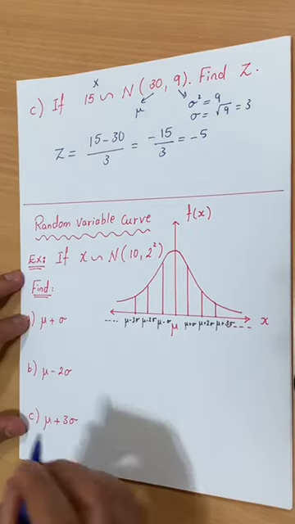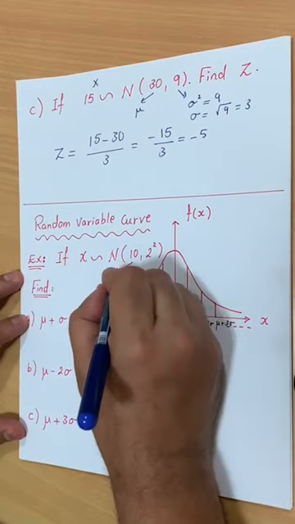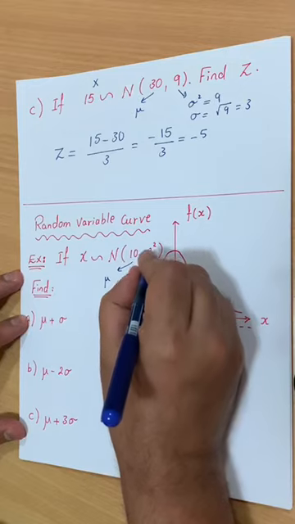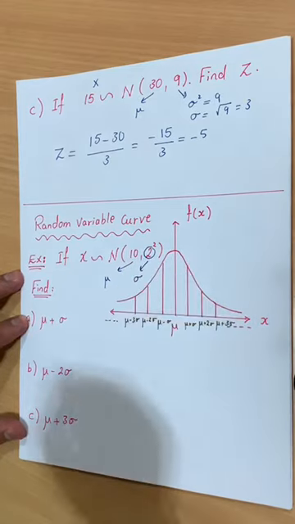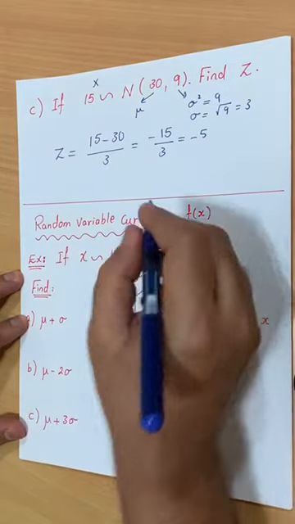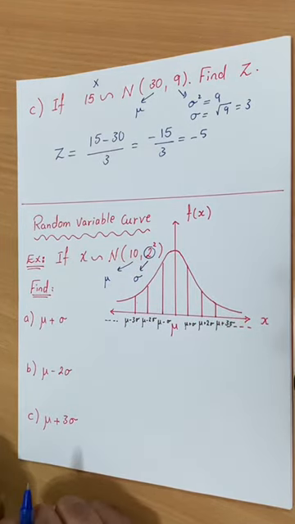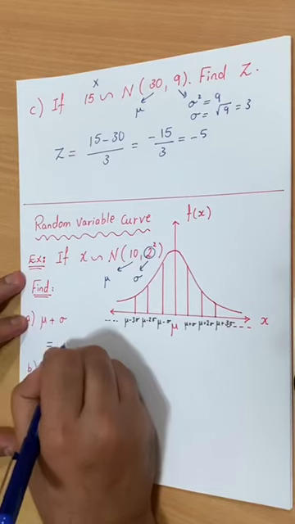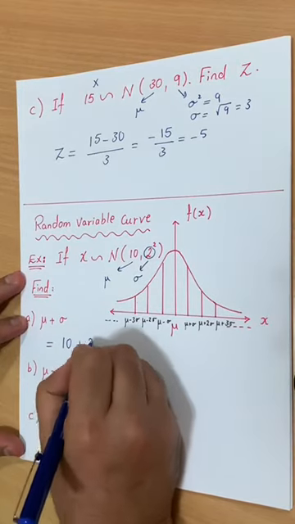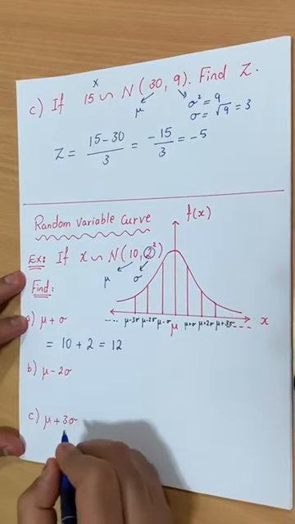So you're supposed to convert them from the random variable to the normal distribution variable Z. For example, X is the random variable, 10 is mu, and only 2 is sigma, without using the power of 2. Because if you use the power of 2, it is sigma squared, the variance. Mu is 10, sigma is 2, so the answer is 12.